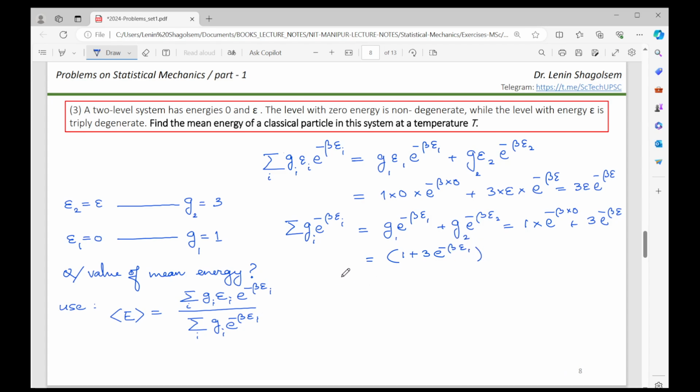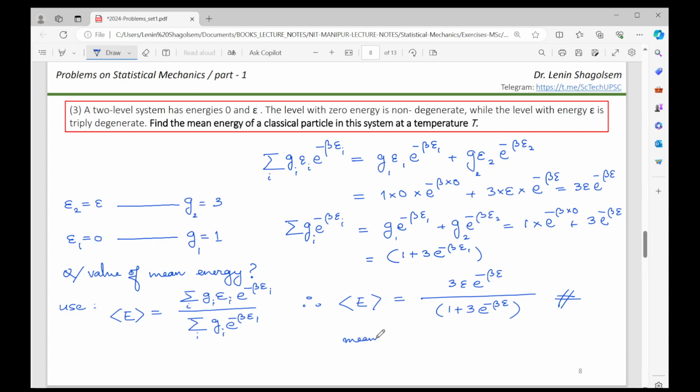Therefore the expression of mean energy is simply 3 times epsilon e to the minus beta epsilon divided by 1 plus 3 e to the minus beta epsilon. So this is the required mean energy of the system.